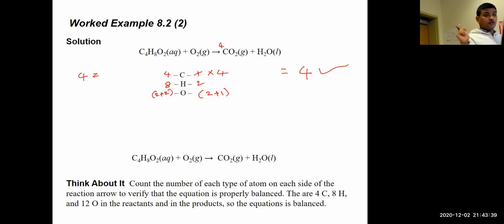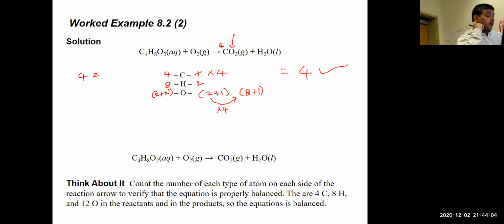Now when you do that, did you make any changes to any other atoms? Yes, we did. We changed the number of oxygens present there. Instead of having 2 like previously, we changed them by putting 4. Now it is actually 8 plus 1.